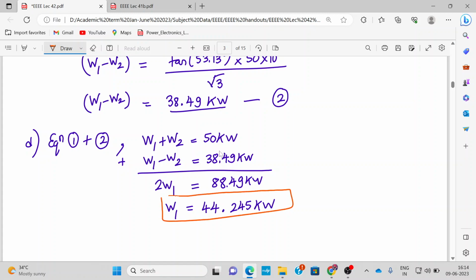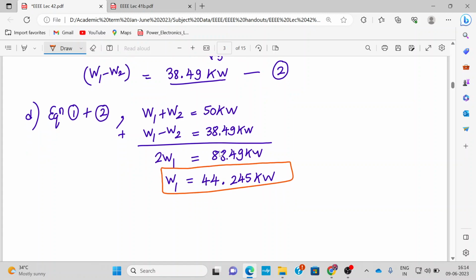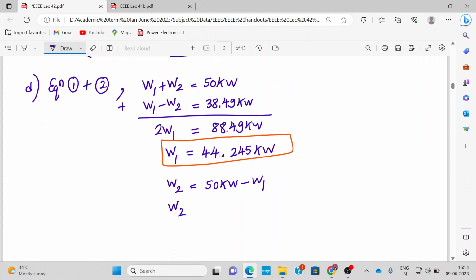Now once we get the value of W1, we can easily calculate the value of W2. So W2 will be 50 kilowatt minus W1. That will be 50 minus 44.245, that will be 5.75 kilowatt.